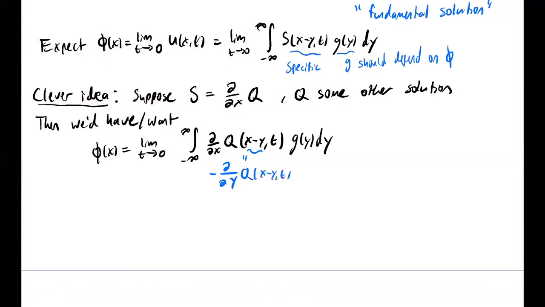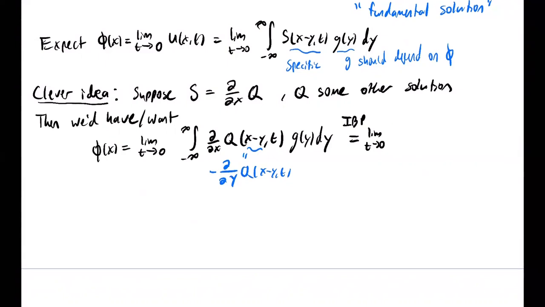So these are the same thing. But once I have a derivative with respect to y in the integral, I can integrate by parts. And so I can write this integral now as the limit as t goes to 0 of the integral from -infinity to infinity of, well, integrating by parts moves the derivative over at the expense of a minus sign.